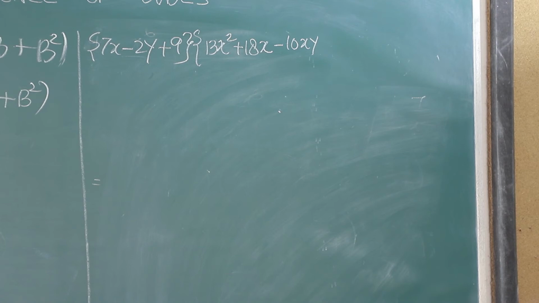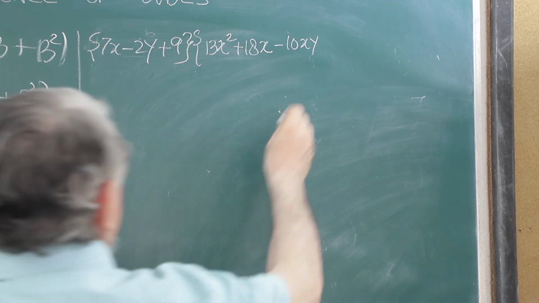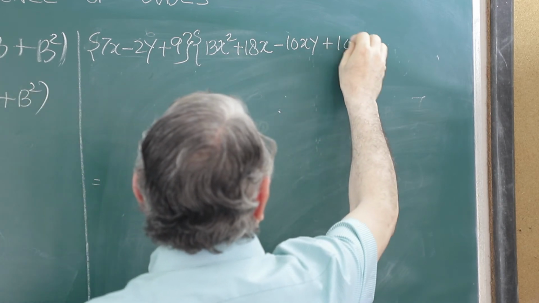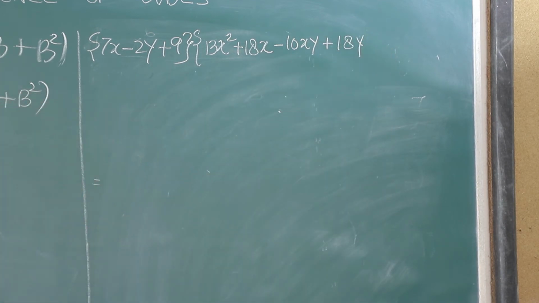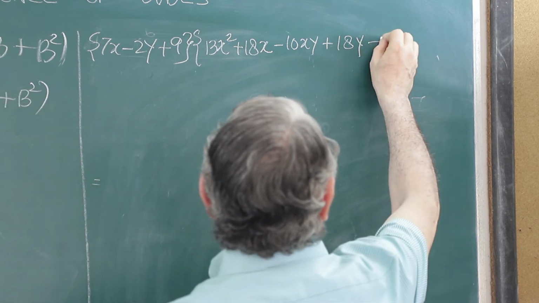For y, there is only one y term, that is 18y, so plus 18y. And xy is already gone. Only constant terms are left. There is 81. Only 81 is left, so plus 81.